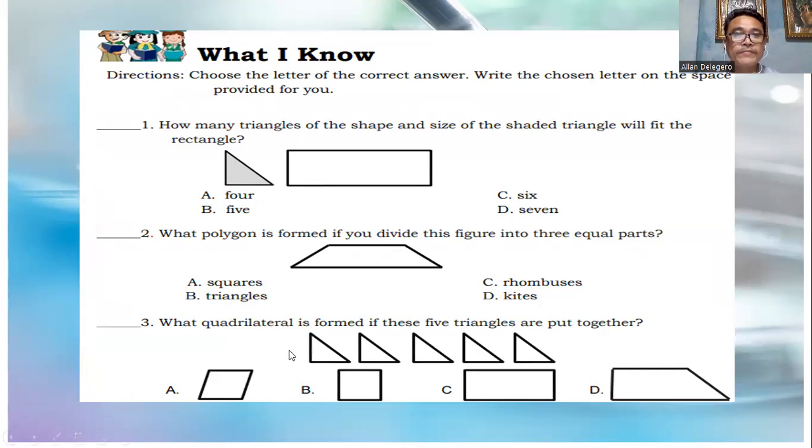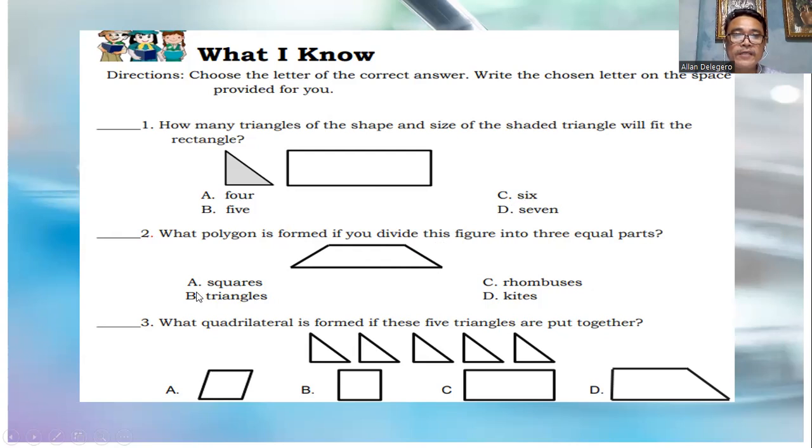Number 1. How many triangles of the shape and size of the shaded triangle will fit the triangle? A, 4, B, 5, C, 6, D, 7. 2. What polygon is formed if you divide this figure into 3 equal parts?